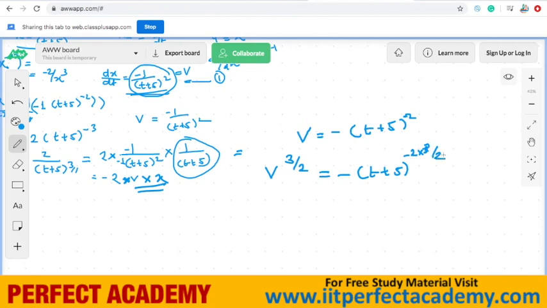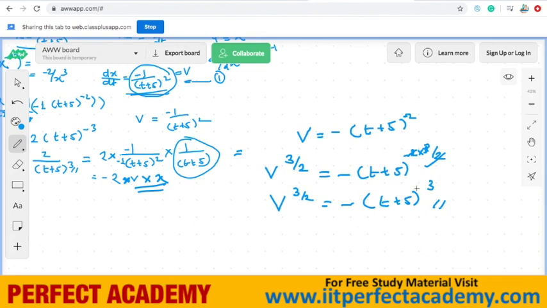The 2 gets cancelled, and I'll have v to the power 3 by 2 is equal to minus t plus 5 cube.